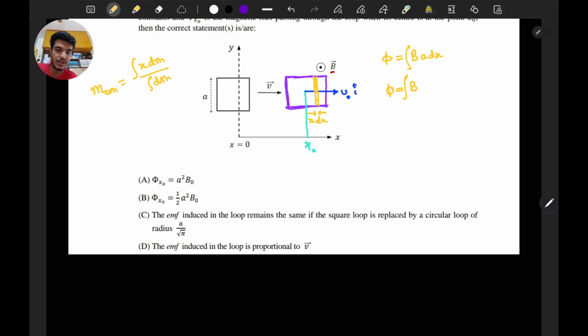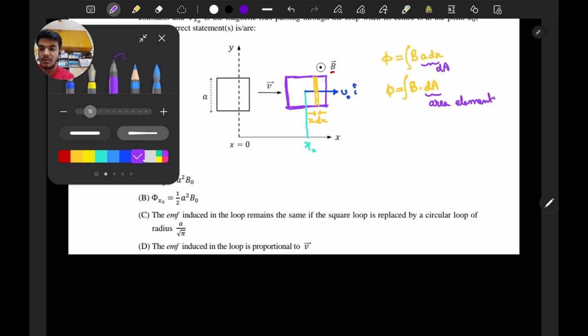There is no issue in that. So this is integral b dot dA, where dA is the area element. This is the area element which was here. Similarly, this is the area element.